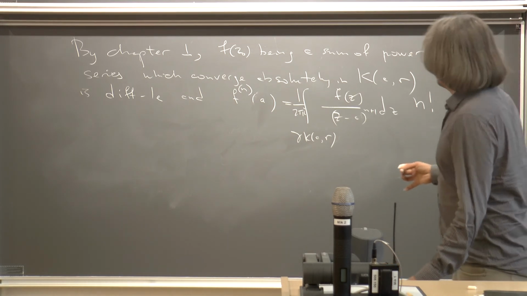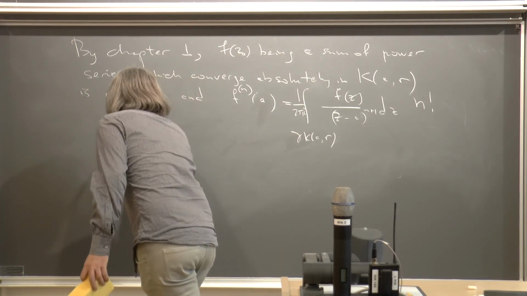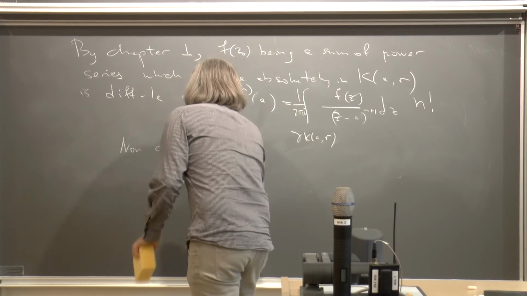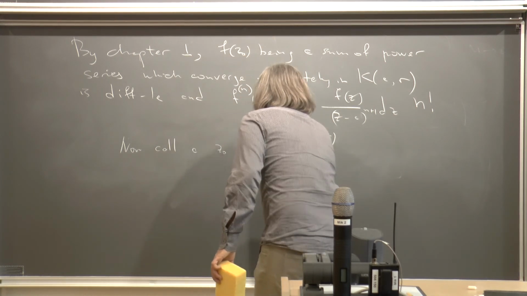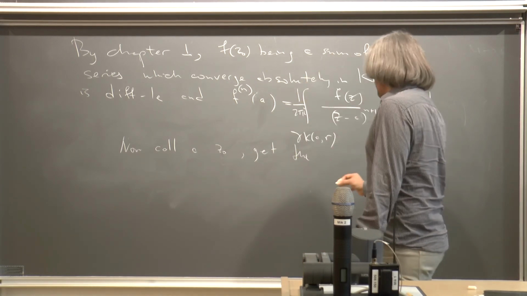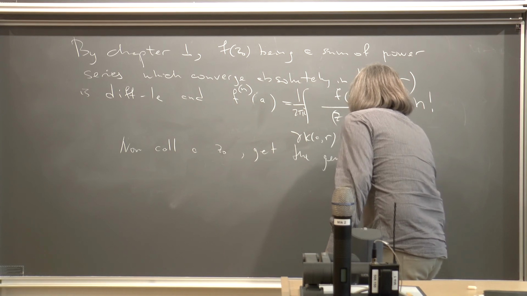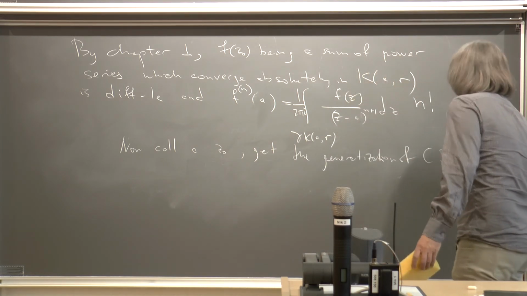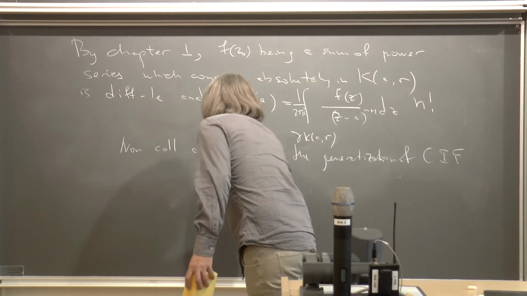So now just call the variable z naught, renotate, and get the formula, the generalization of the Cauchy formula.